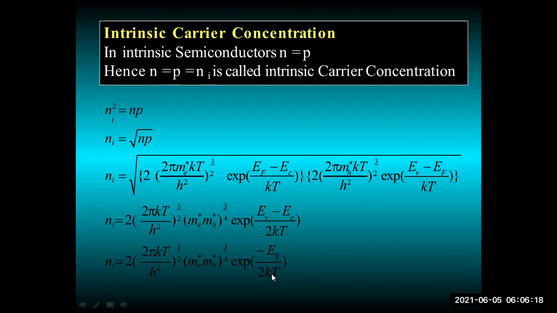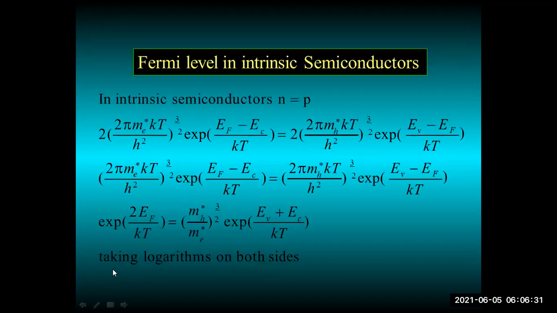So now with this, we come to what is actually the intrinsic carrier concentration. We know ni, we have calculated. ni is nothing but the carrier concentration of an intrinsic semiconductor. Clear, everybody? Now we move to the Fermi level in the intrinsic semiconductor.